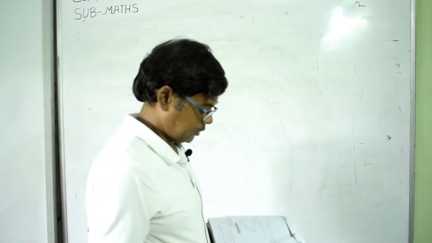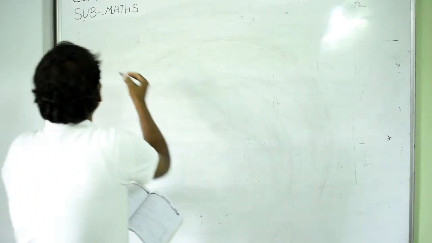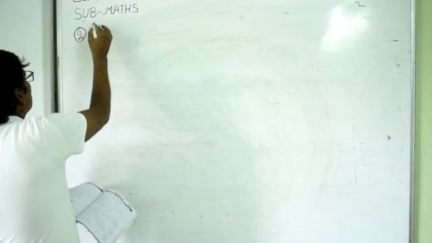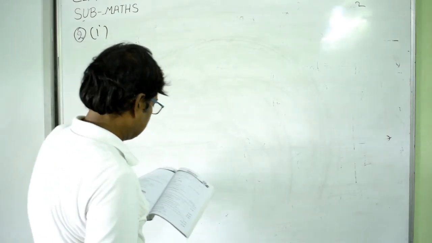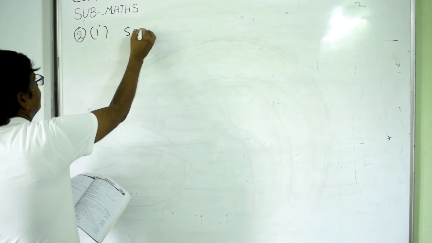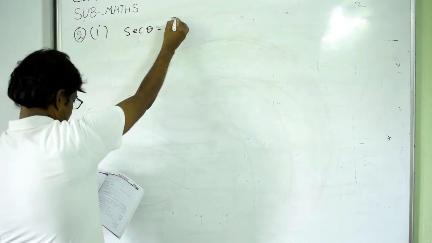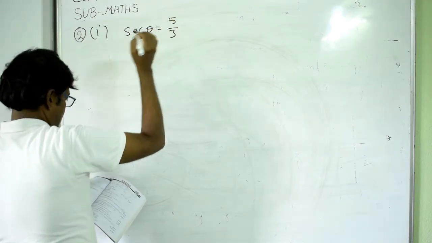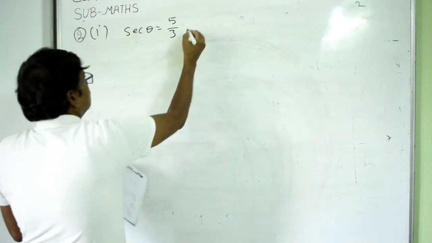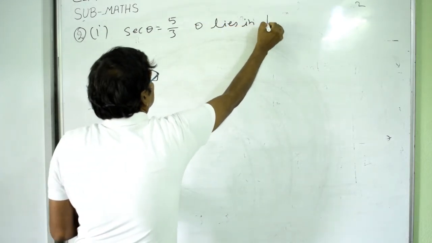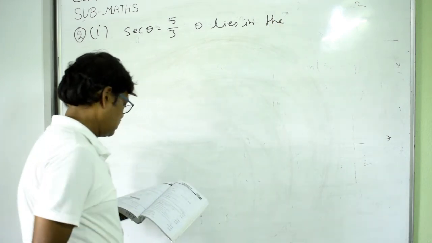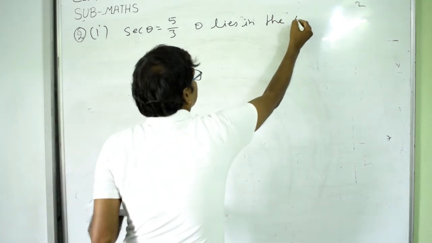So the next question is question number 2, part 1. Here sec theta equals 5 by 3, and you are given that theta lies in the fourth quadrant.